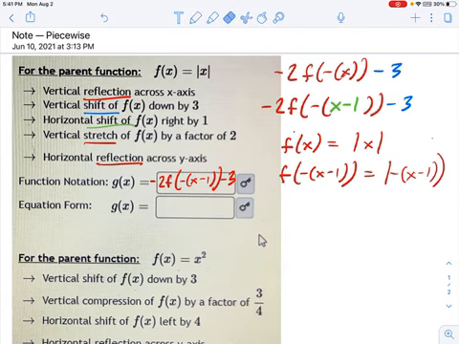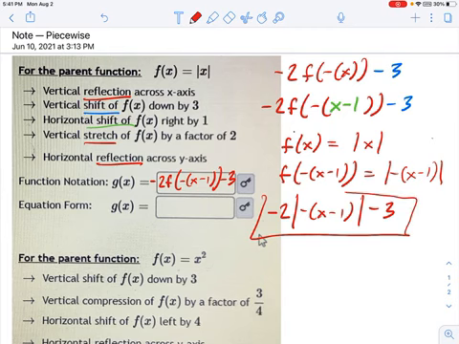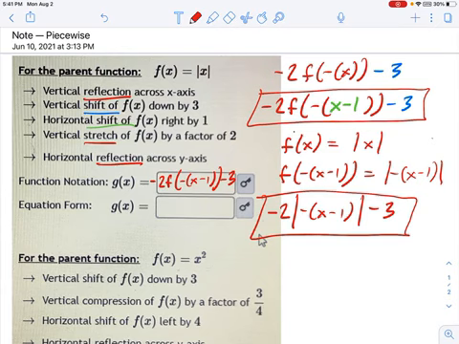Oops, except that's not a parentheses on the outside. That's the rest of the absolute value symbol. So my equation looks like this. Negative 2 times the absolute value of negative x minus 1, absolute value sign, minus 3. Okay, that is your final form equation. This was the final form function notation, and that's how you do this sort of problem.